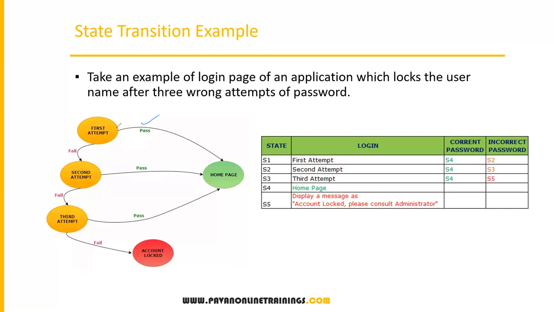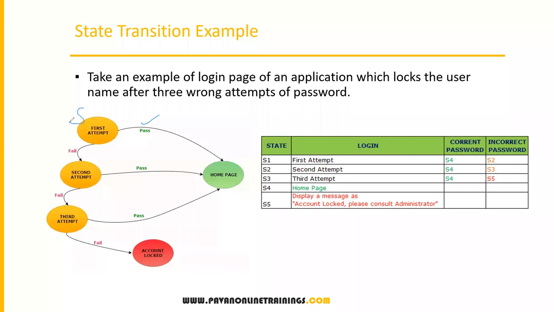Now, suppose the first attempt failed. Now again, second attempt. In the second attempt, we provided a valid password. Then again, the home page will display. Suppose if second time also I provided an invalid password, then the third attempt. In the third attempt, if we provided a valid password, then the home page will display. But in the third attempt, if you provide an invalid password, the account will be locked.